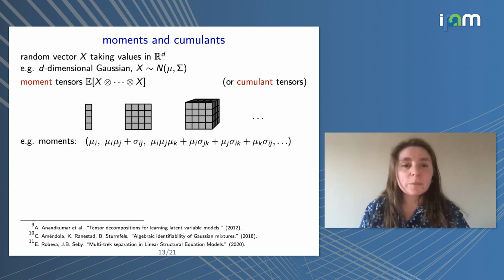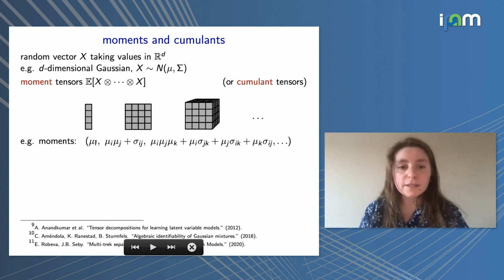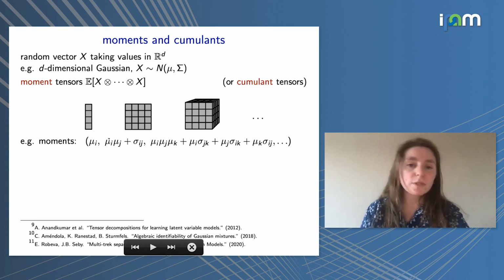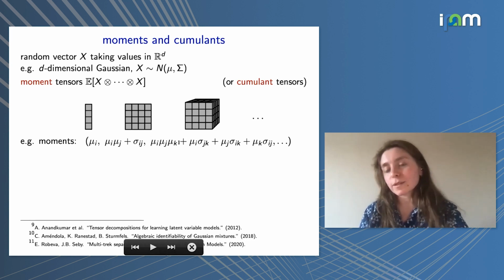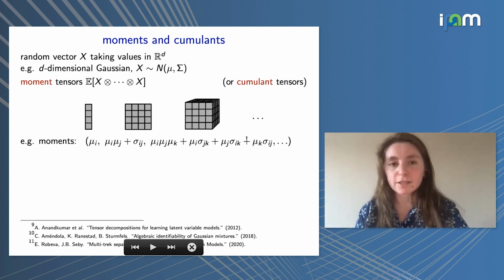For our d-dimensional Gaussian, the first moment, the expected value of our random variable, is our mean vector mu. Our second moment is given by mu tensor mu plus sigma, and we can compute the third moment, and so on.